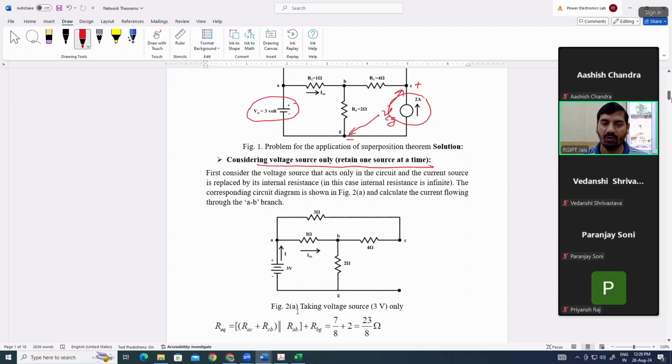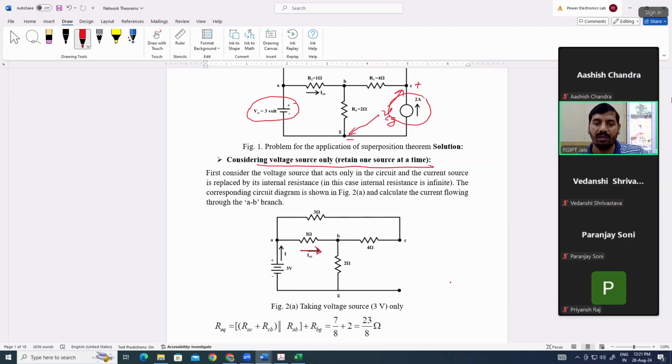So in figure 2a, you can see that taking the voltage source of 3 volt only, between these two terminals the current source was connected and we have kept it open circuited. In this case, we have to calculate the value of IAB.